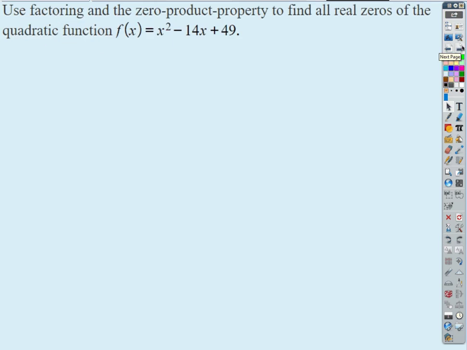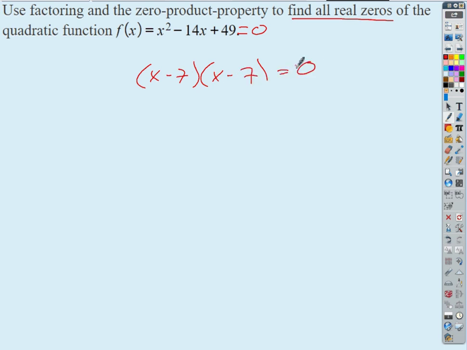Okay, this one's a little bit tougher because this time they didn't do the work for us, but it's the same problem, right? They're asking us to find the zeros, find all real zeros, so I'm just going to set this thing equal to 0, and I've got to factor it first, and then I'll use the zero product property. Okay, how does this factor? I get x minus 7 and x minus 7, right?